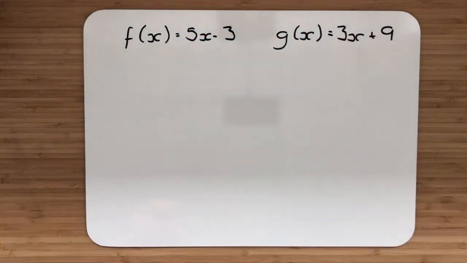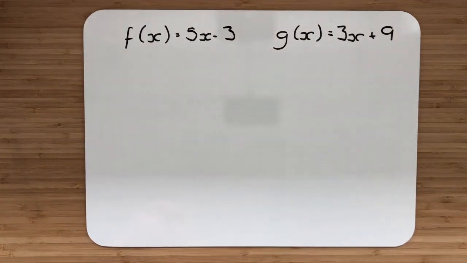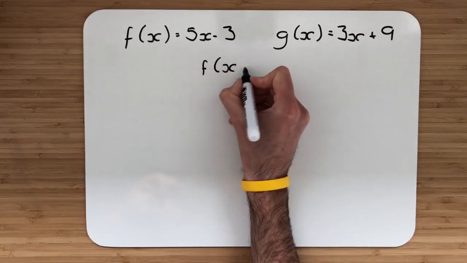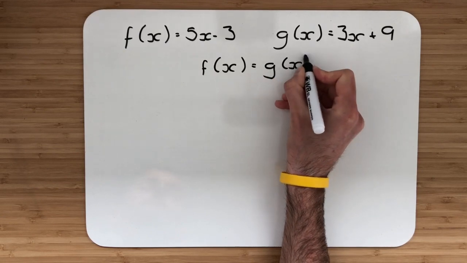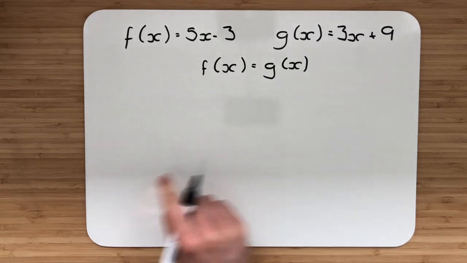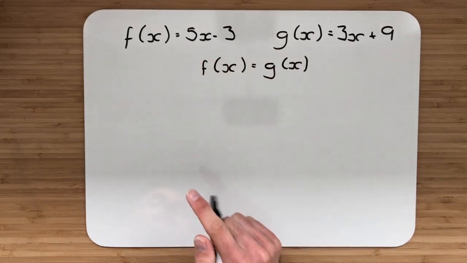In example 3, we're told that function f of x is equal to function g of x. So we have f of x is equal to g of x. Function f is 5x subtract 3. Function g is 3x add 9. So we know that these two functions are equal to one another.